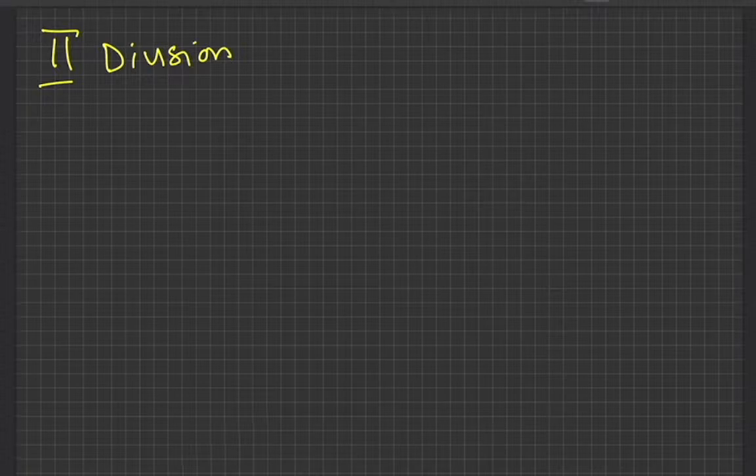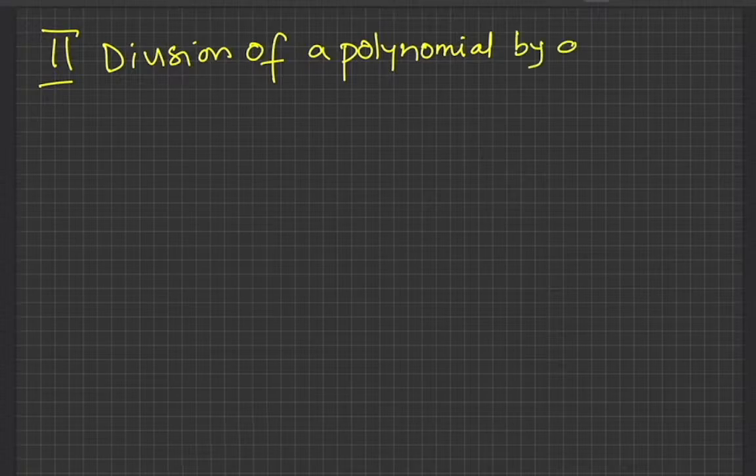This is where we also do long division. So the second category today, the most important one, is division of a polynomial by a monomial.